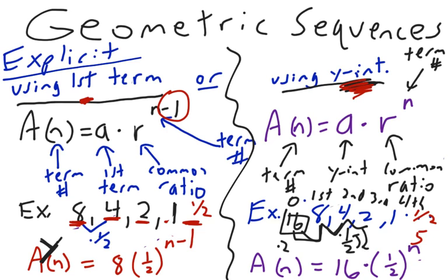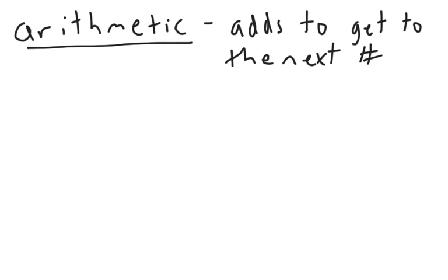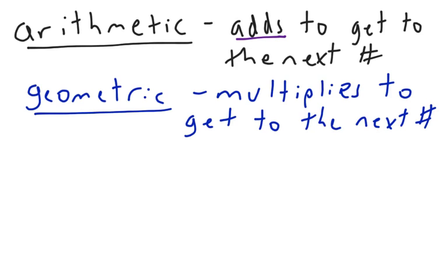Okay? All right, let's do one quick reminder on arithmetic sequences. I want you to be able to differentiate between geometric and arithmetic. So arithmetic adds to get to the next number. And geometric, we just learned, multiplies to get to the next number. So that's the key difference between arithmetic and geometric sequences.